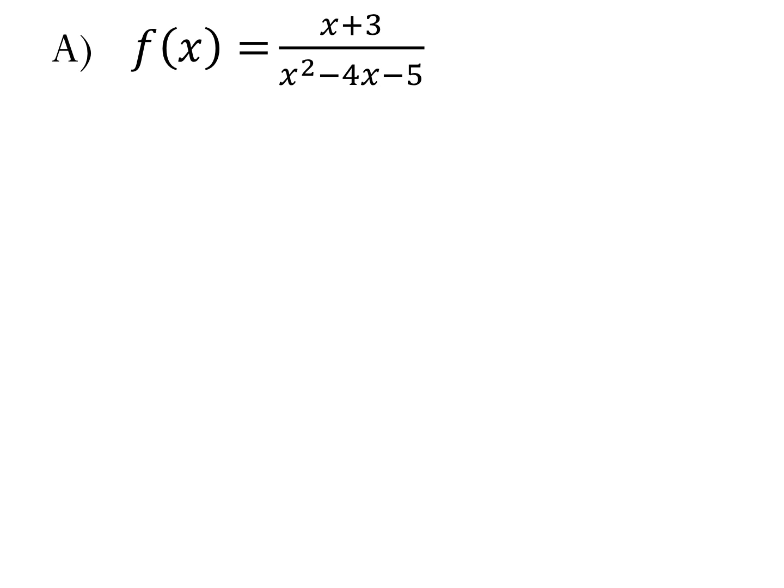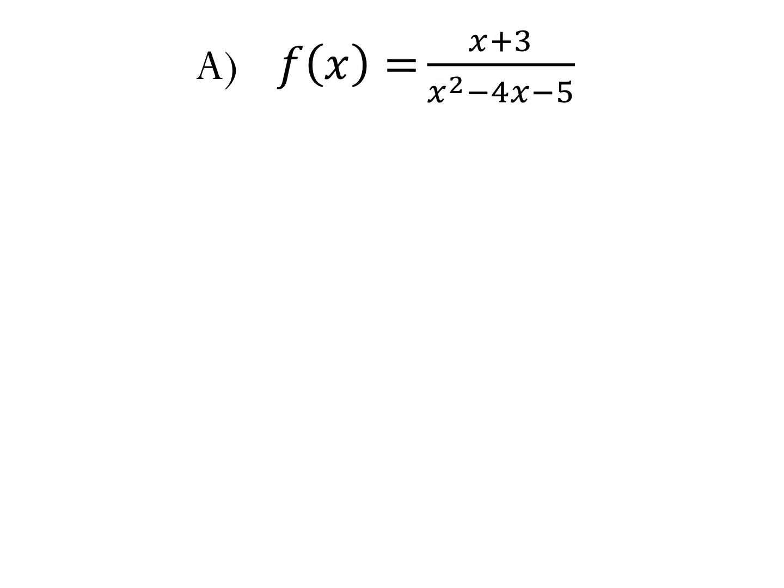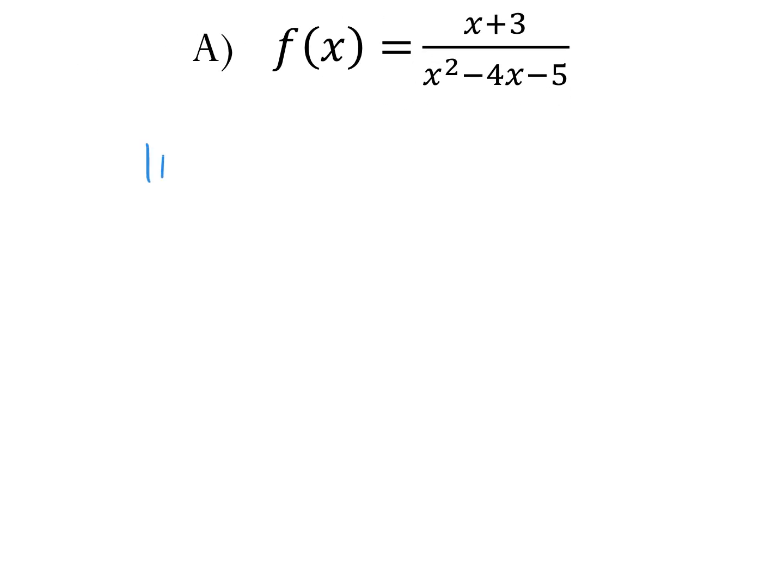Okay, so here's what we're going to do, because we're not allowed to use L'Hopital, remember? Which is super annoying, I get it. So if I'm doing this problem, and what I need to show is the limit as x approaches infinity of f of x, how do I take the limit?